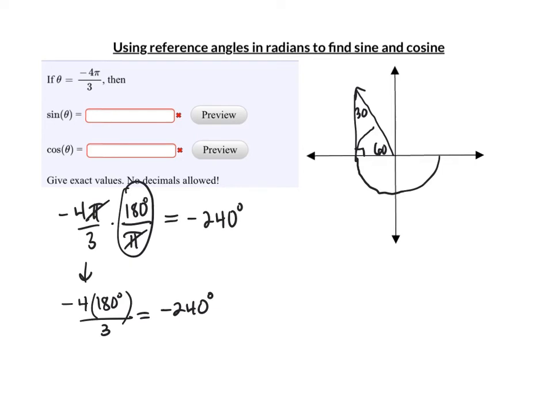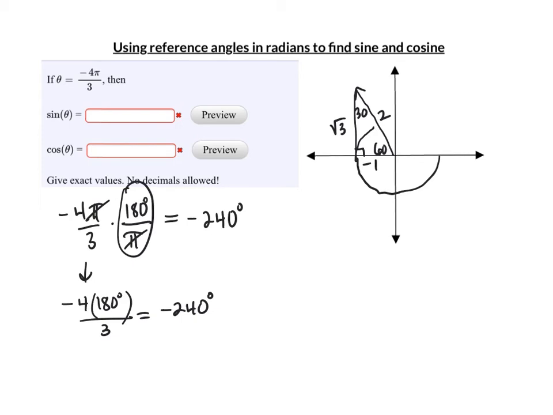Between the 90 and the 30 is the root 3. In this case, the root 3 is positive in quadrant 2. Between the 60 and the 90 is 1, but because of where it is on the x-axis, that's a negative 1. And the hypotenuse of our 30, 60, 90 is always 2, and then the hypotenuse is always positive as we go around in standard position.